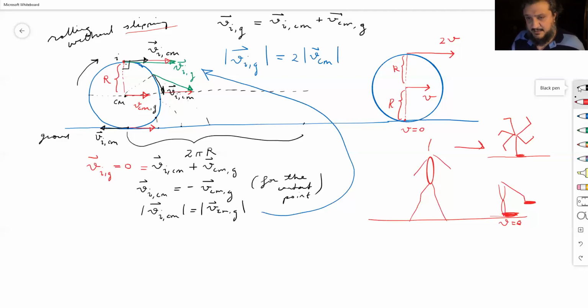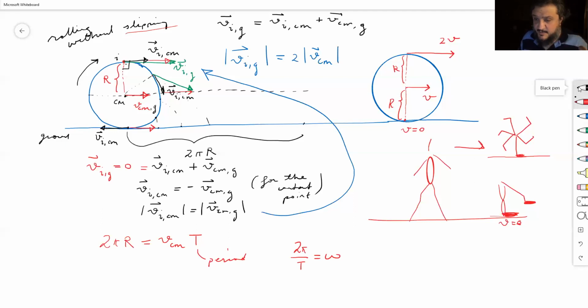So again, the center of mass in one rotation moves a distance equal to 2πr. So that 2πr is the total distance. Now let's consider a constant velocity. Then I will have 2πr equal to v center of mass times the period of rotation, T. But I also know that if I divide 2π by the period, I get omega, the angular velocity.